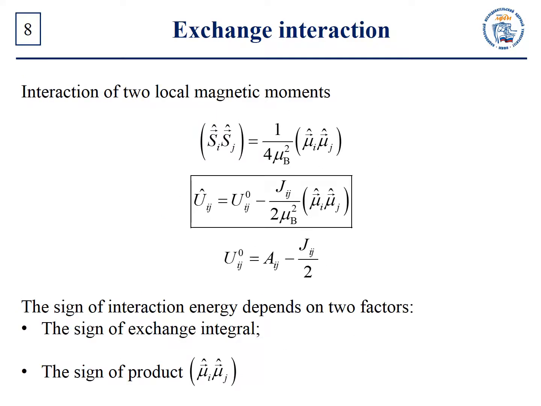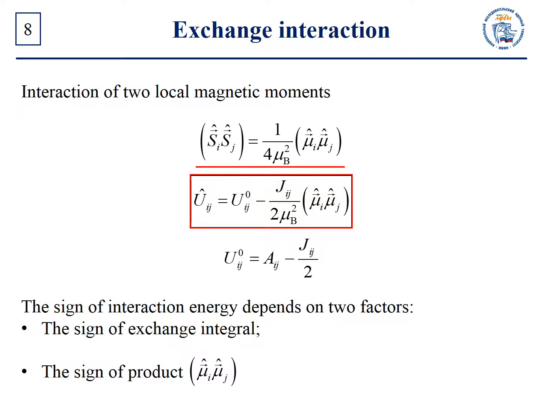Let us explicitly express the operator U_ij of the pairwise interaction energy in terms of operators mu_i and mu_j of magnetic moments at atoms i and j. Taking into account the relationship between products of S operators and mu operators, we have the following expression for the U operator.